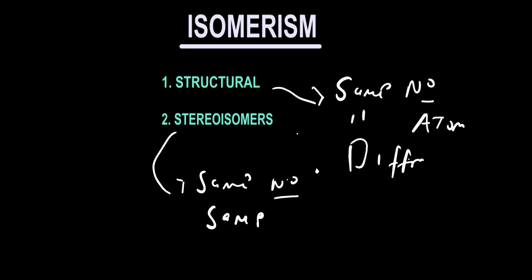So there's what we call the L and the D configuration. These are non-superimposable mirror images of each other, meaning you cannot put them together because they are mirror images of each other.